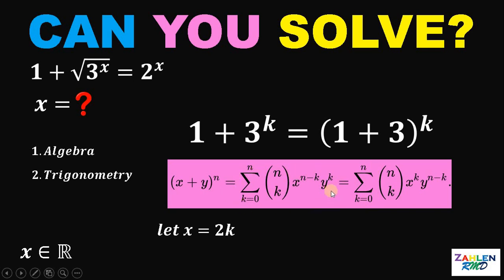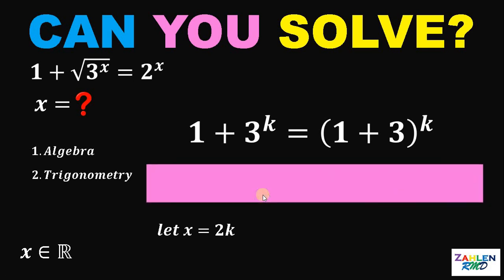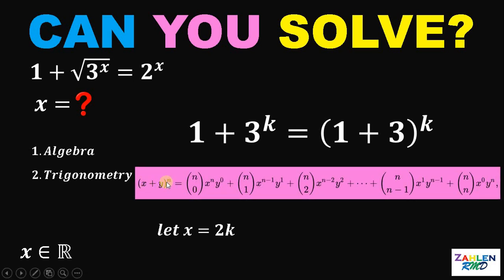And if we expand this using the summation, this is equivalent to (x plus y) raised to n equals n choose 0 times x raised to n times y raised to 0 plus n choose 1 times x raised to n minus 1 times y raised to 1 plus all the way until we reach n choose n times x raised to 0 times y raised to n.